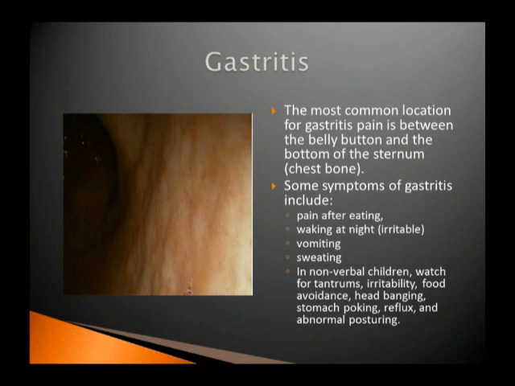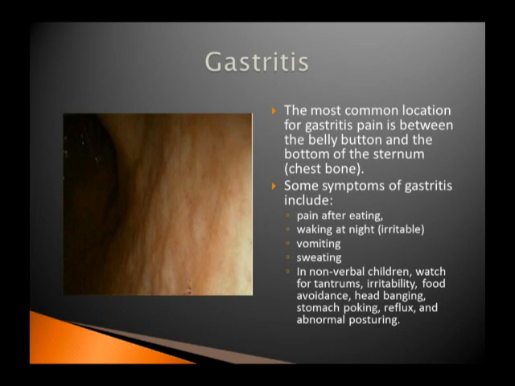Many of the kids we know have problems in the gut, whether it's gastritis or inflammation in the stomach or lower in the intestinal tract. The most common location of gastric pain, because many kids can't tell you that they're having pain, is between the belly button and the sternum.